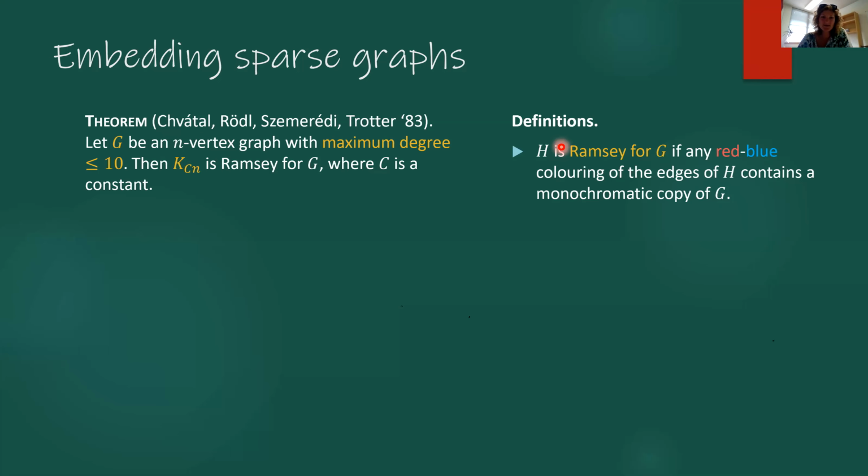So for me, n will always be the number of vertices of the guessed graph, and n will tend to infinity. Then we'll be looking for a host graph of size, say, Cn in this case, where C does not depend on n. In this case, C is actually a universal constant.